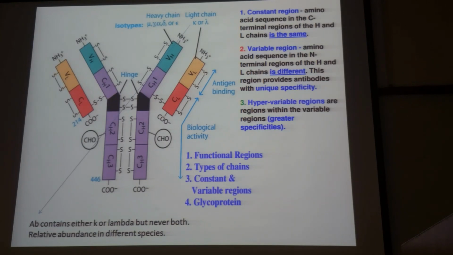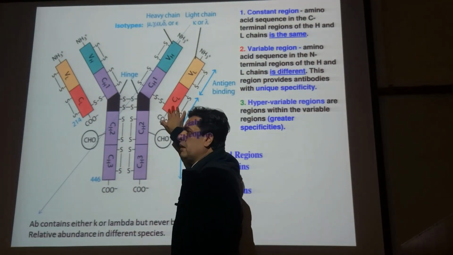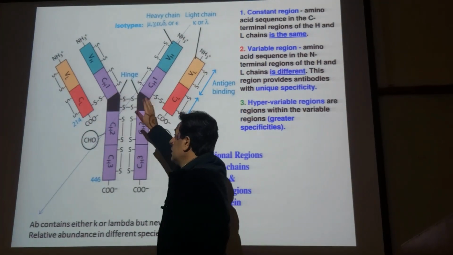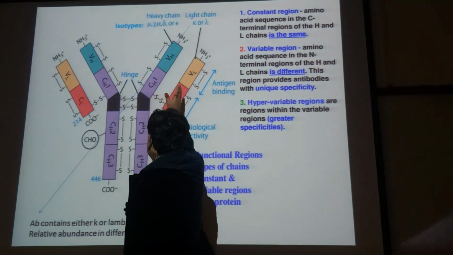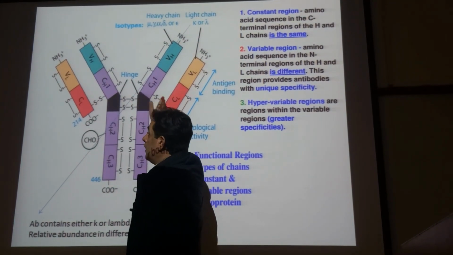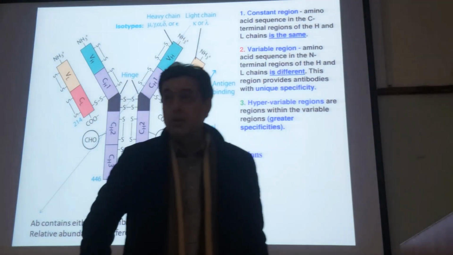In the case of a particular antibody, you would not find that, for instance, on the right side it has a kappa polypeptide and on the left there is a lambda. It can either be kappa and kappa or lambda and lambda in the case of different antibodies.